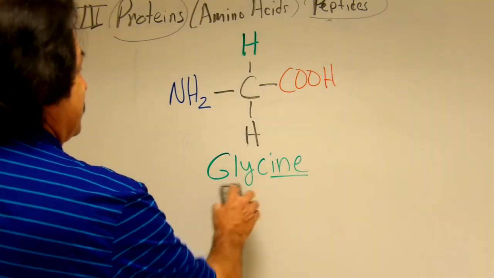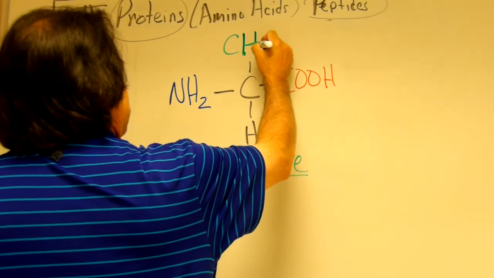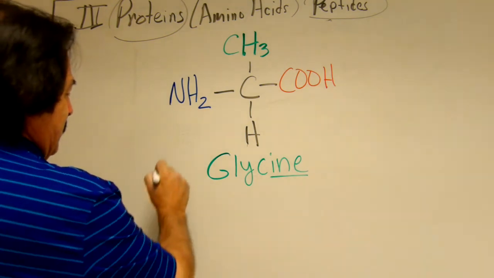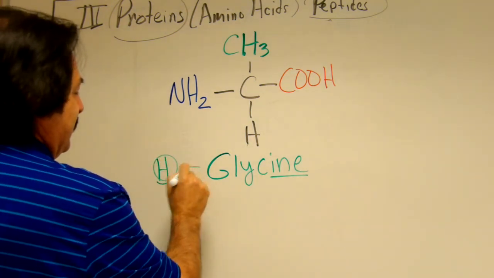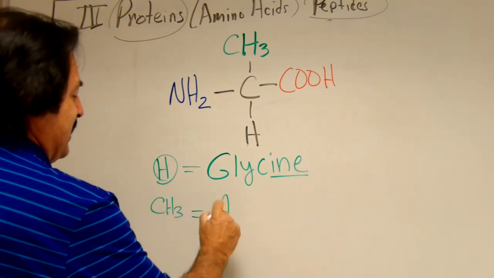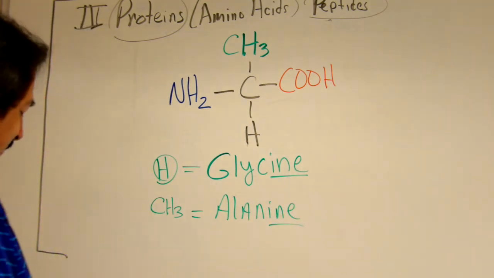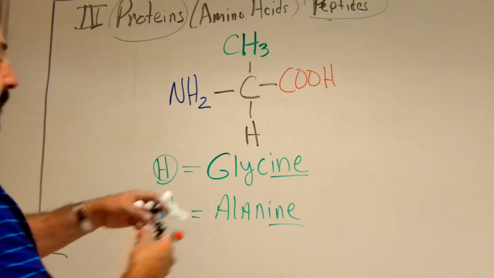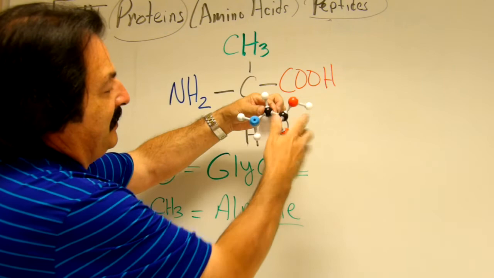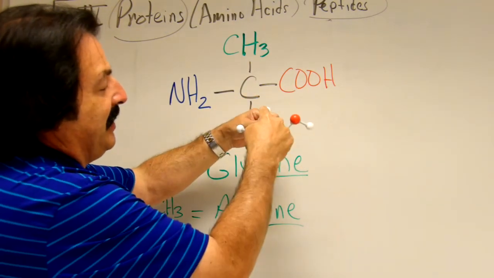All right. So this is glycine. What happens if I put a methyl group there? Another reason to talk about methyl. A single hydrogen gives us glycine. CH3 gives us alanine. Let me show you a glycine. The original one that I showed you, here is the central carbon, amine, acid, central carbon right here, the obligatory hydrogen on the bottom, and a hydrogen in the R position.